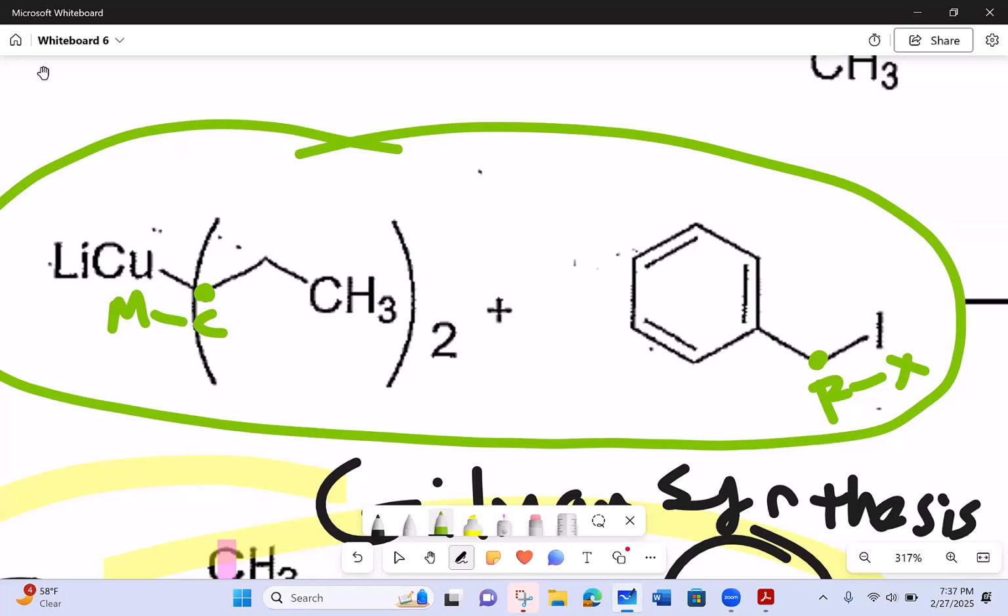The X is typically a halogen, but it's whatever the leaving group is. So once I identify that halogen in my aryl, alkyl, or vinyl halide, then I know the carbon connected to it is the carbon that's going to participate in coupling.